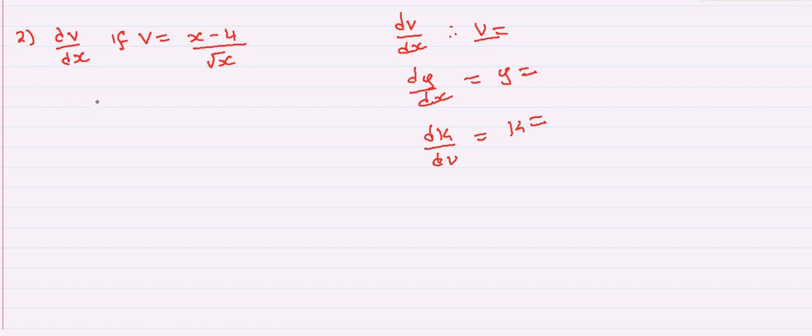So if they say find dv over dx if v equals x minus 4 over the root of x, we need to simplify this first so that we'll be able to apply the rules.